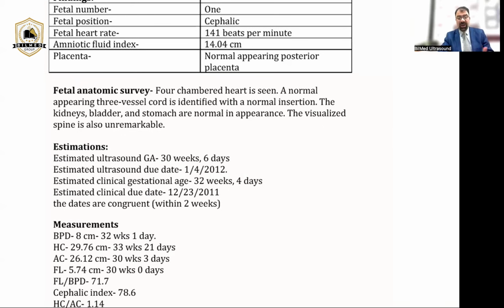You have to see for the cephalic index, and you have to see for the HC/AC ratio. What for the HC/AC ratio is to see whether I am having any discordancy in this ratio. That will give me a rough idea whether I am having any asymmetrical IUGR and all these things. So this is the rough sketch of a format what you should be having.